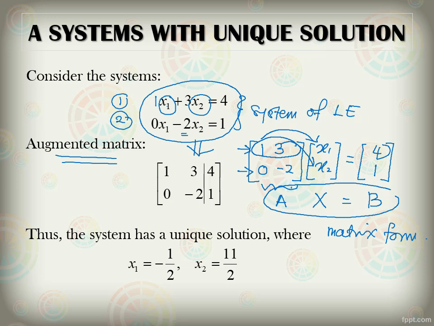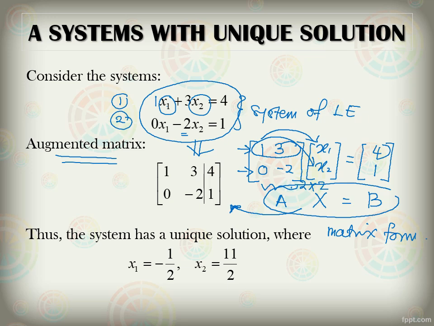Alright. Since you only have two unknowns and two equations, you will be dealing with a 2 by 2 matrix. To solve this, you can write it in augmented form.